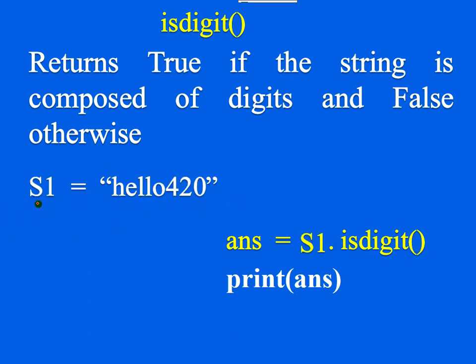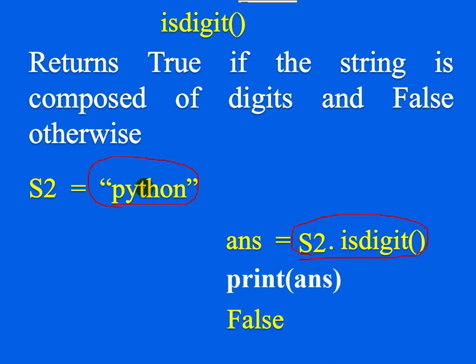Another example, s1 equals hello 420. If I write s1 dot isdigit, what answer does the function return? Again false, because this is not completely composed of digits, even alphabets are coming, isn't it? Now s2 equal to Python, what answer does s2 dot isdigit return? False, not even one digit is there.